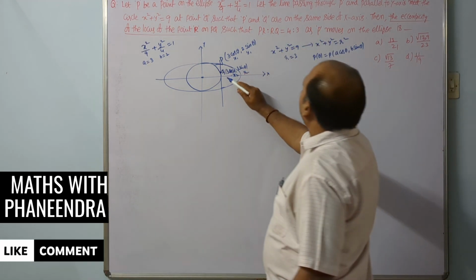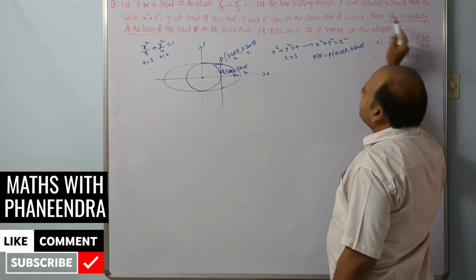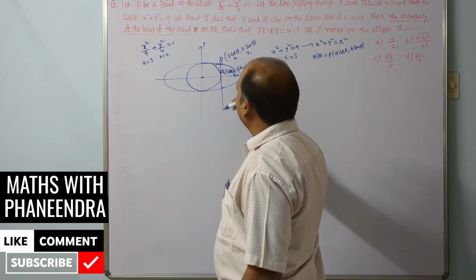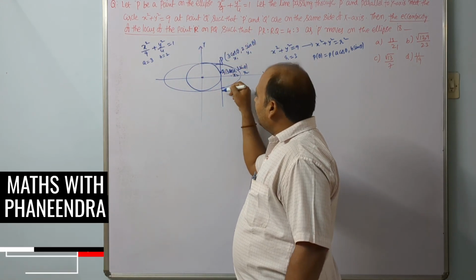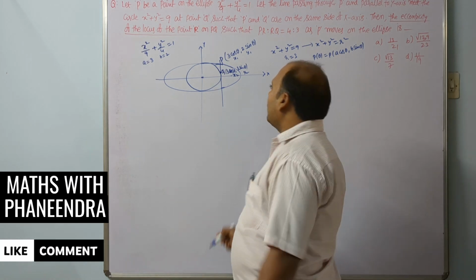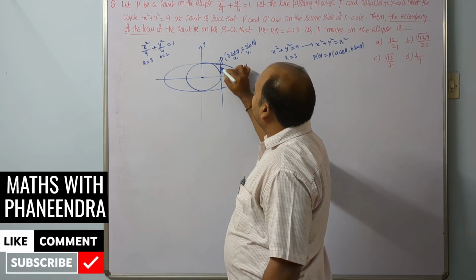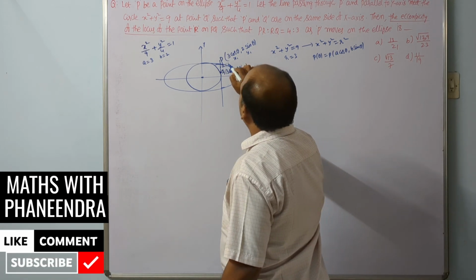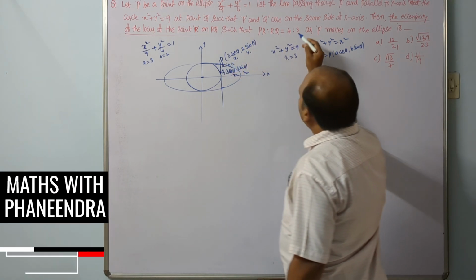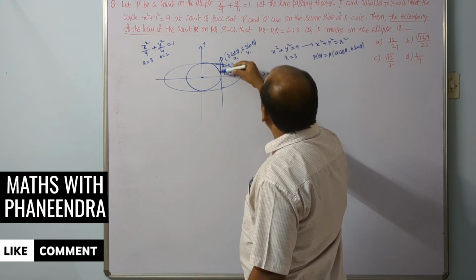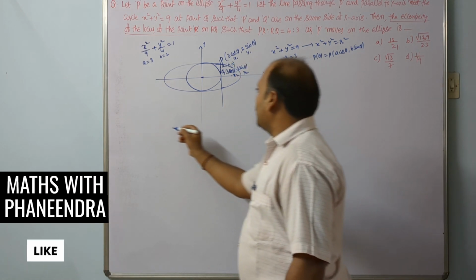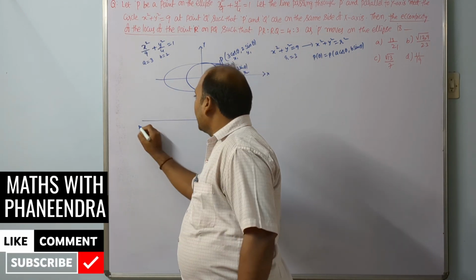P and Q are on the same side of the x-axis, then the eccentricity of the locus of the point R on PQ. Here on PQ, I am taking a point R, h comma k, which divides in the ratio PR is to QR as 4 is to 3. Just roughly I am drawing, dear students.